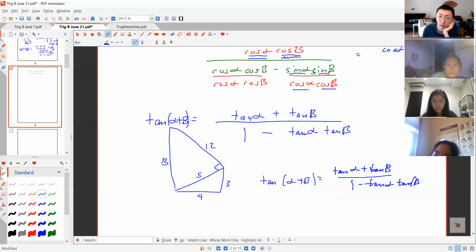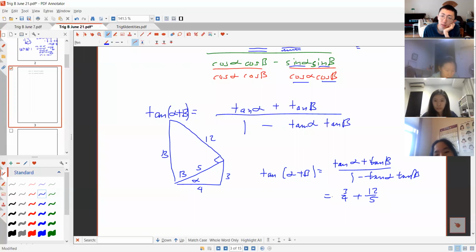Then tan alpha is 3/4, tan beta is 12/5, and then 1 minus the product, so 1 minus the two things above times together.